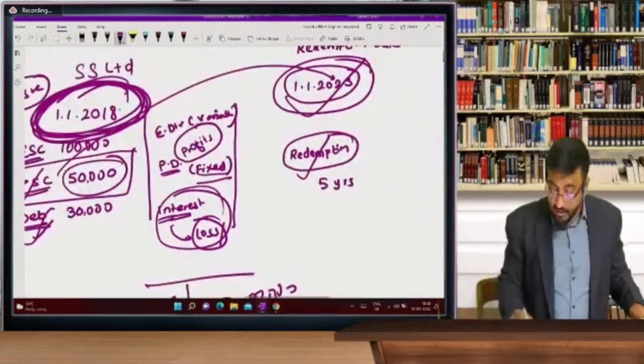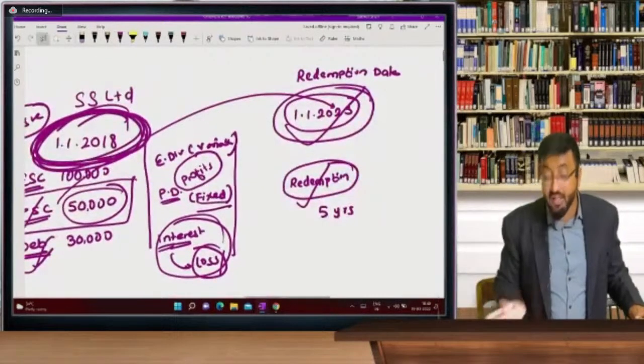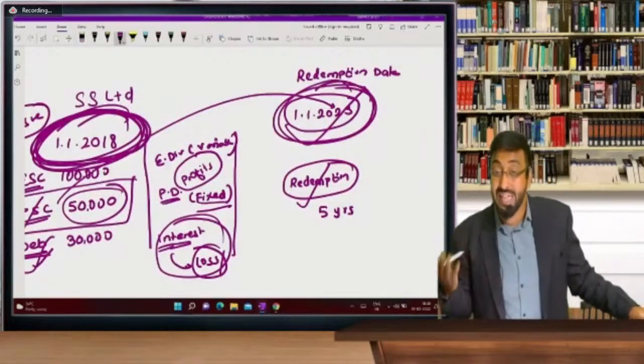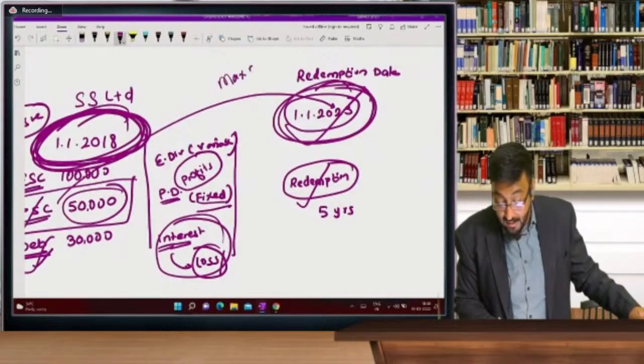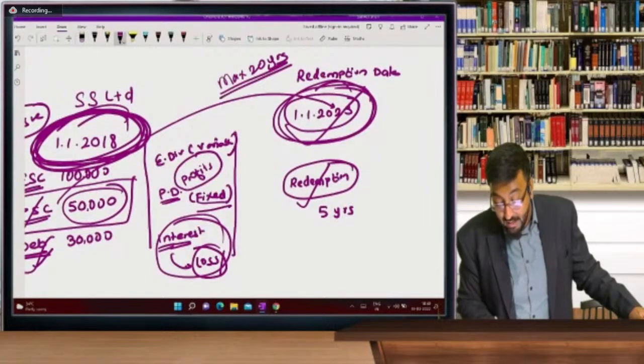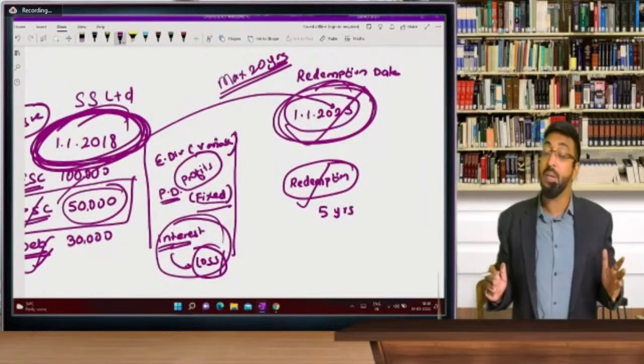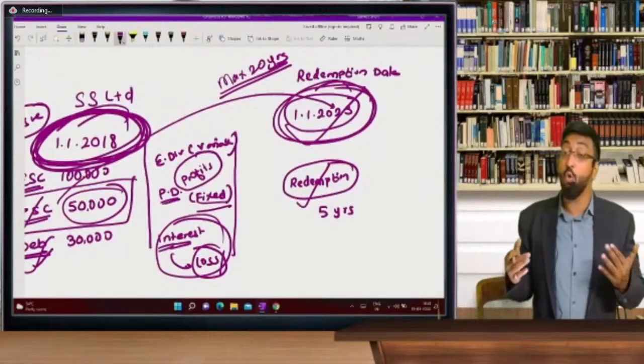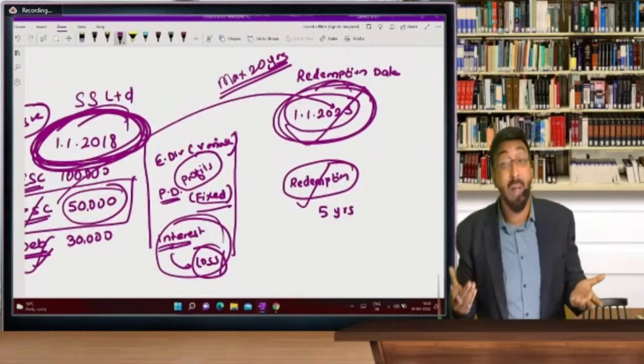Five years is my imaginary example. This might be 8 years, this might be 10 years, but the maximum allowed in India is 20 years. So every company has to decide its own duration for when it will pay its money back.